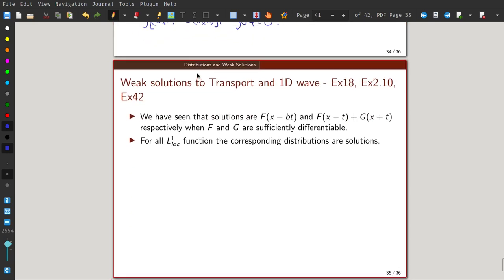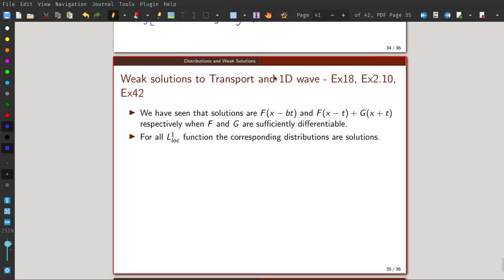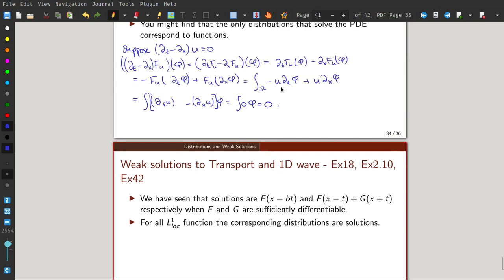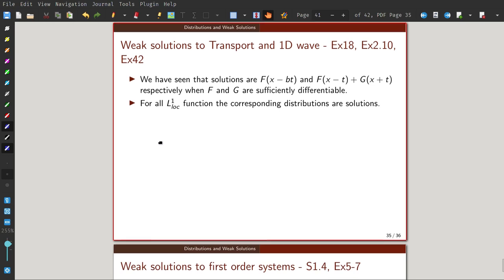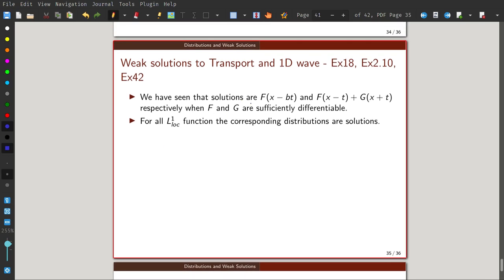So we can look at weak solutions to the transport equation and the 1D wave equation. We both did this. Because these are linear partial differential equations, this makes perfect sense. Okay, so let's just go ahead and show that, let's say, this function here solves the, I don't know, transport equation.